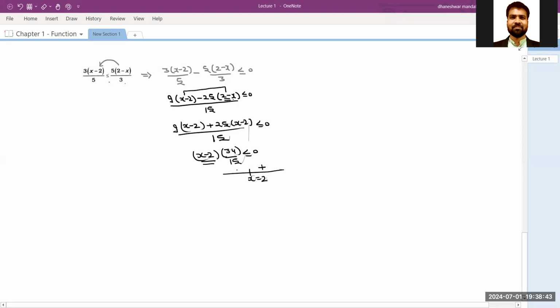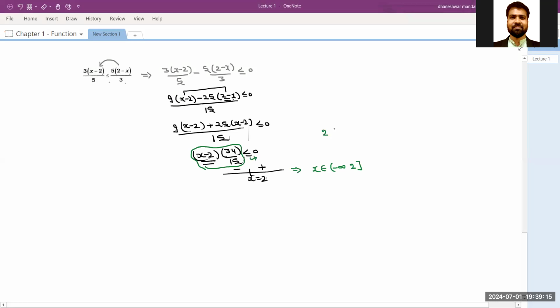And here we have plus sign and minus sign. Okay. Now what is the answer from here? Tell me which region I have to take. This expression is less than or equal to 0. Sir, x belongs to minus infinity, comma 2, close bracket. Absolutely right, because equality is there.